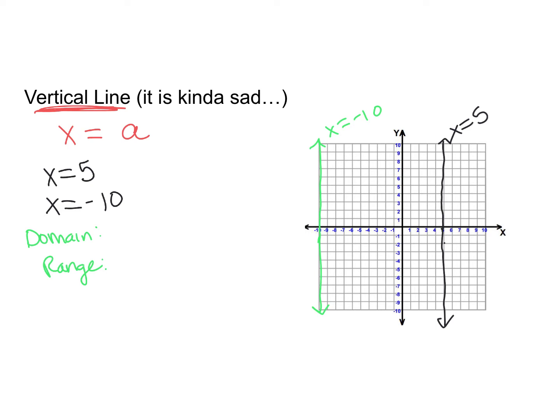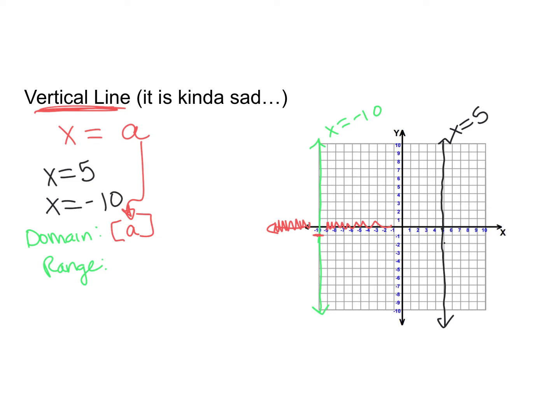Because the domain is from left to right. As I'm trying to find my graph, from left to right, there's nothing over here. None of this is part of my graph until I get, in this case, to -10. And if I keep going, none of that is part of my graph either. So my domain is only whatever that value is here. If it's -10, then -10 would be my only x value. If it was x equals 5, then 5 would be my only x value.